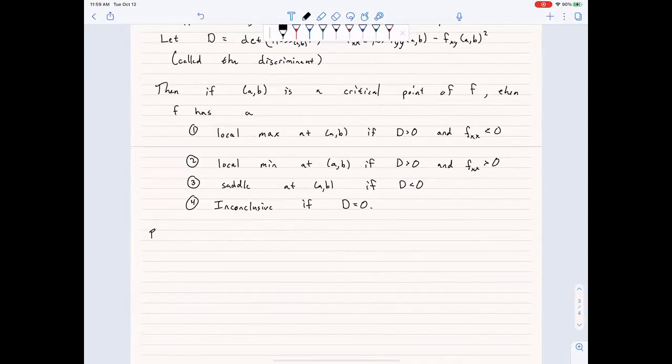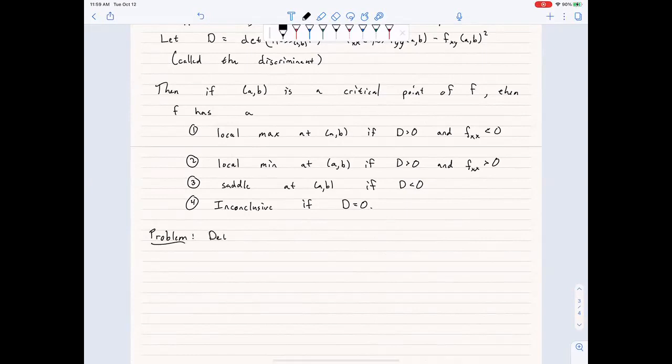So let's talk about this. We took the first step in solving the local extremizing problem for the function x squared minus 2y cubed plus 6xy. Now let's take the second step.